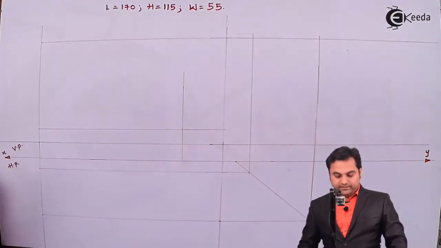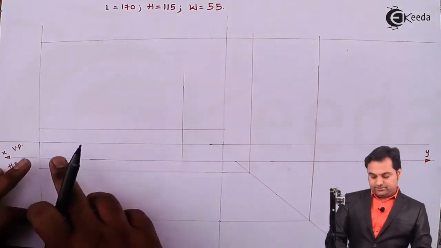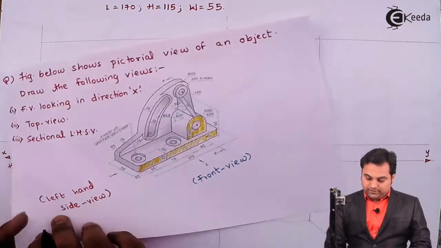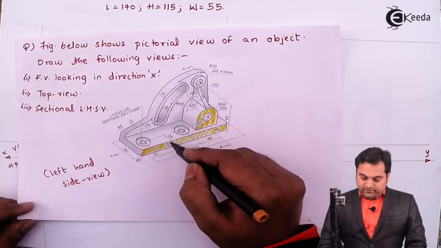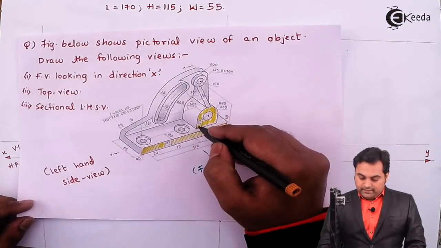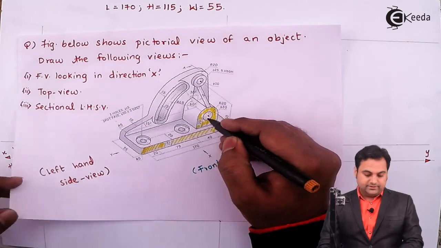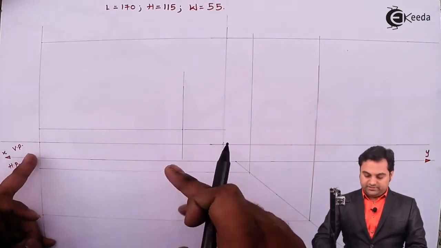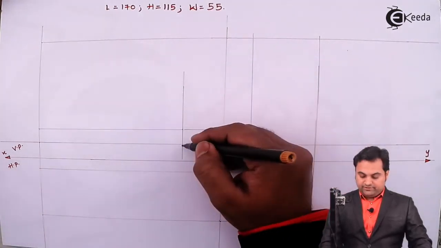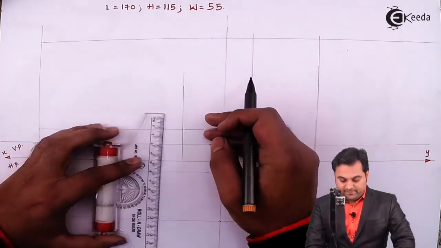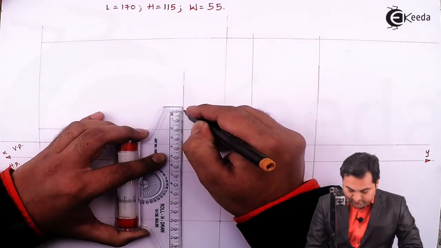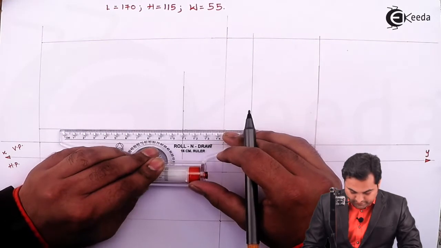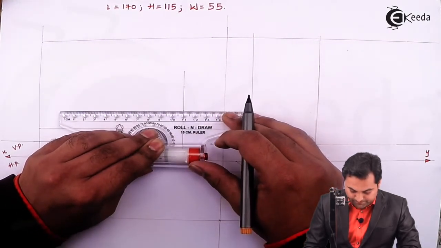Projecting a light vertical line by taking a distance of 135 mm, I get this center. Then after taking 15 mm, at 20 mm height is the center. So here I had located the length where this center was there. Now after 15 mm I have to measure 20 mm. It will give me the height where the center is located. So from here I'll draw a light horizontal line.